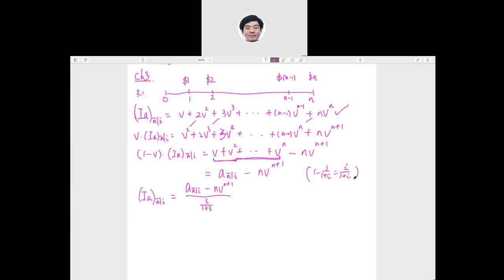You divide it over, so you can flip 1 plus i to the top. 1 plus i times annuity immediate becomes annuity due, and 1 plus i will cancel one of the v's, so the exponent goes down from n plus 1 to n. At the bottom is i. This is the formula we have, right? But of course you can use the first one if you want.